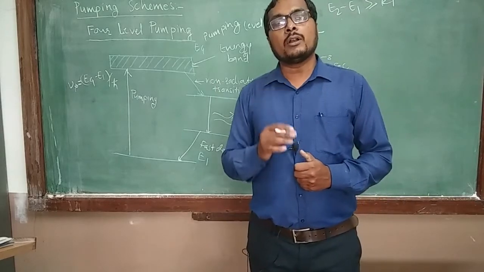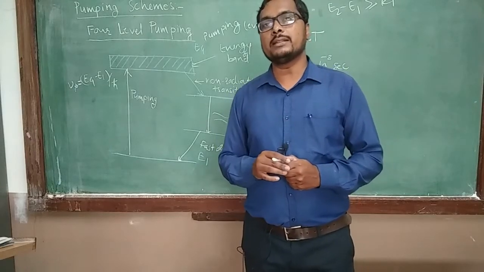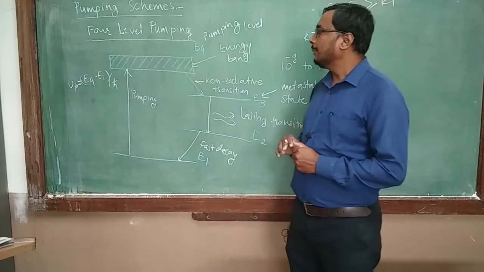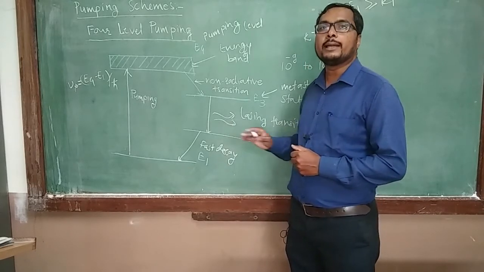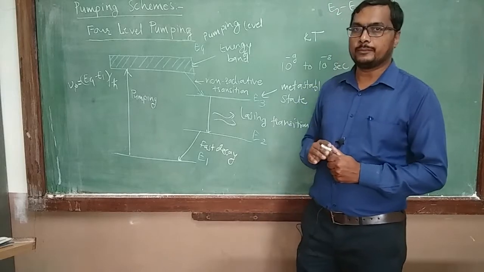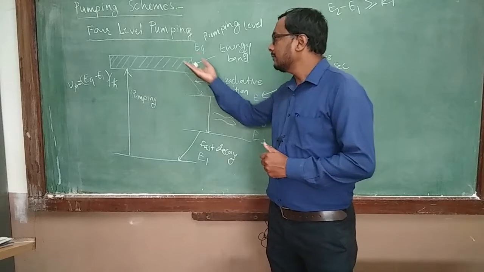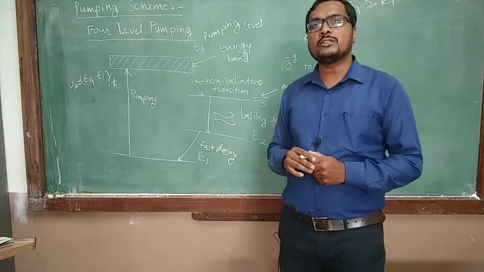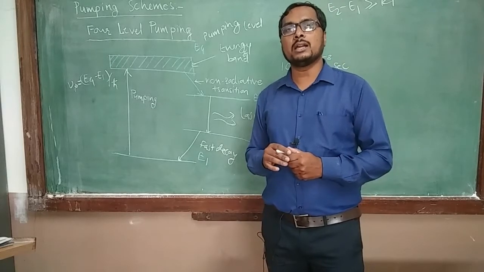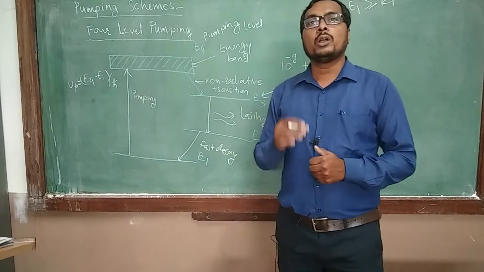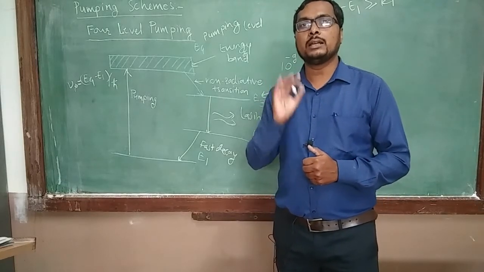So, one of the merits of the 4-level pumping scheme is that our terminal laser level is virtually empty, and because of that, with the pumping of very few atoms, we can achieve the state of population inversion and our laser will start lasing, and therefore very low pumping power is required in the case of the 4-level laser.